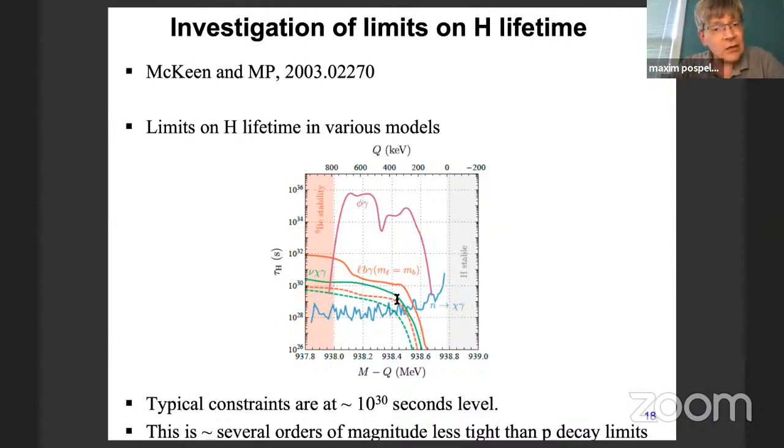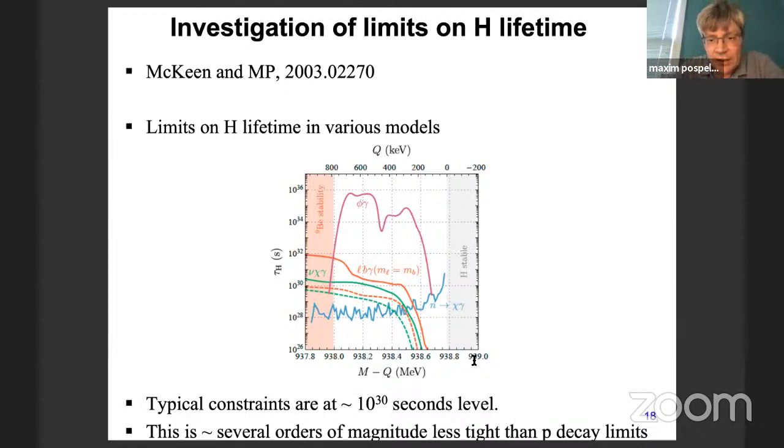That's the constraint you can impose from the Borexino data on the possibility of hydrogen decay due to the neutron portal oscillation into a light state, and that's fairly strong. It's only maybe 8 orders of magnitude or so inferior to the best constraints on proton decay from Super-K. Very well.